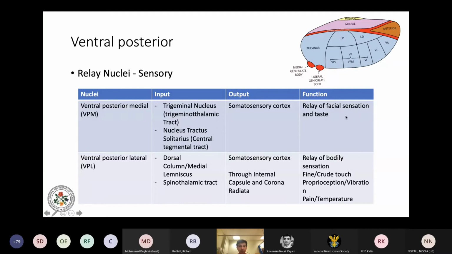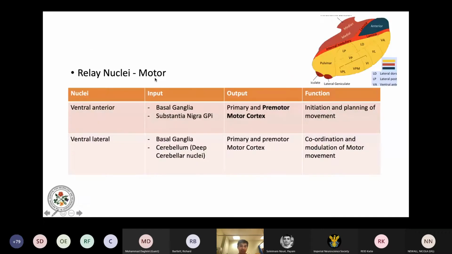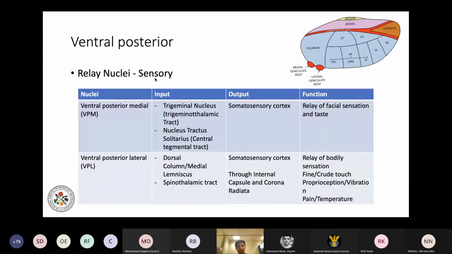Okay, we can assume these from the inputs and outputs because these are relay nuclei with clear inputs and outputs. And unlike the ventral anterior and lateral nuclei, these are sensory thalamic nuclei. So you're getting your sensory inputs for the face from the trigeminal nucleus, and it travels up all the way here to the ventral posterior medial nucleus in the trigeminal thalamic tract.